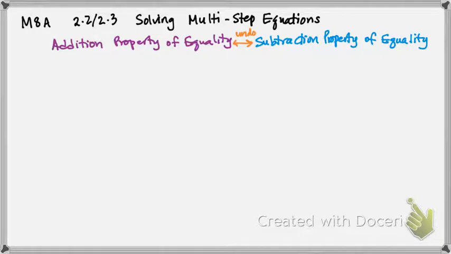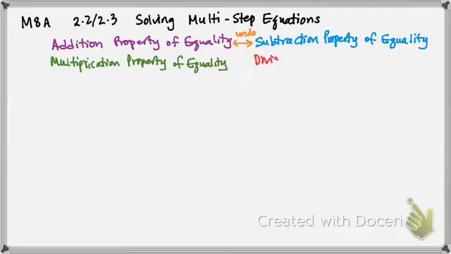Now when it comes to the other guys, we've got the multiplication property of equality, and the division property of equality. And again, they undo each other.